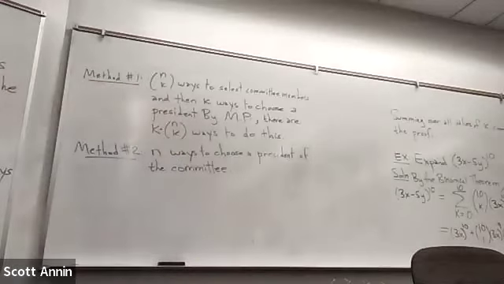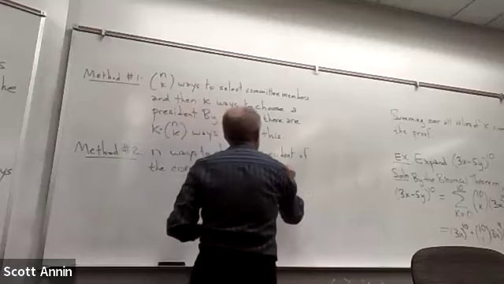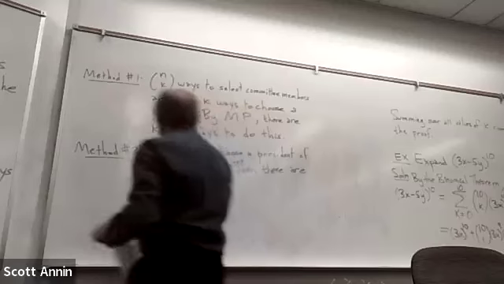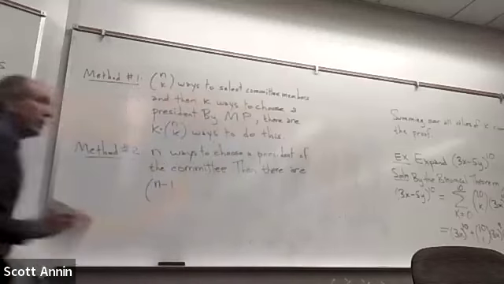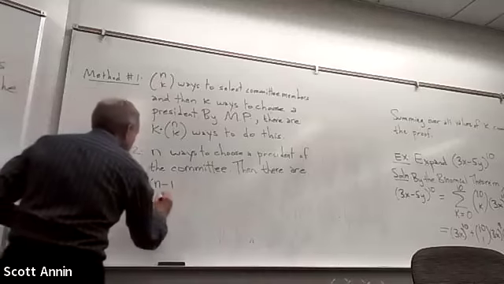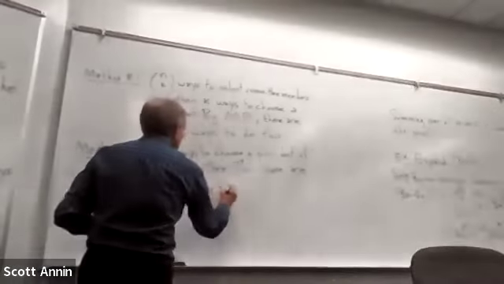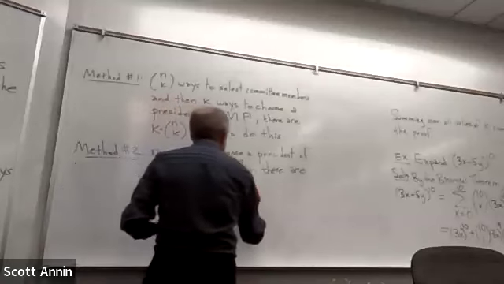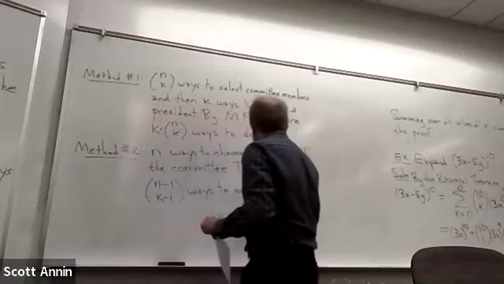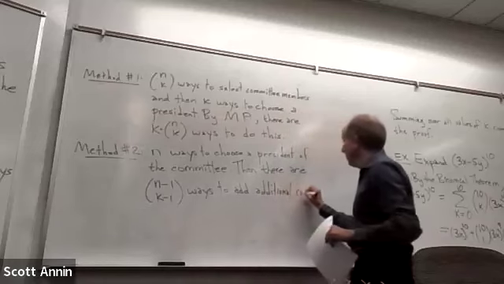And after you've done that, then there are only n minus 1 people left, exactly what Julie said. N minus 1 people left. I have to choose k minus 1 of them. There's that many ways to add additional committee members.